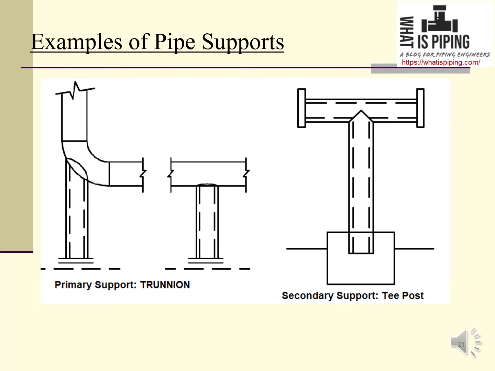So the supports which are directly welded to the parent pipe are called primary supports, and these are the supports which are not directly welded to the piping system. These are called secondary supports. In most of the cases, primary supports are designed by the piping support engineers, and secondary supports are designed by the civil structural members.